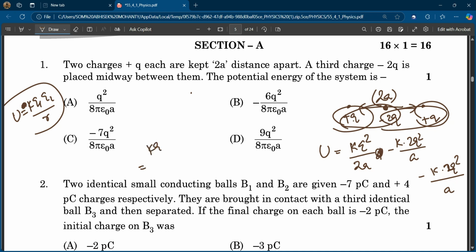So K Q square by 2A minus 2kq square by a minus 2kq square by a.